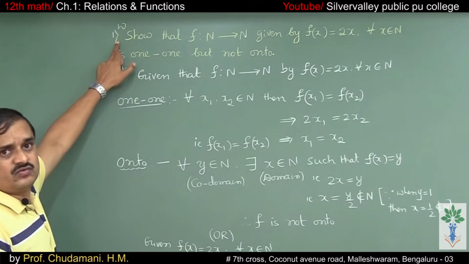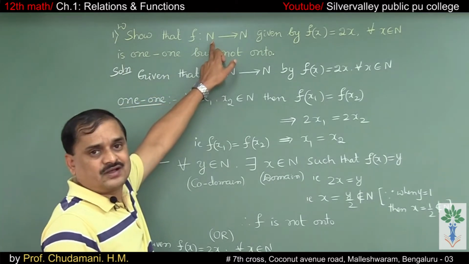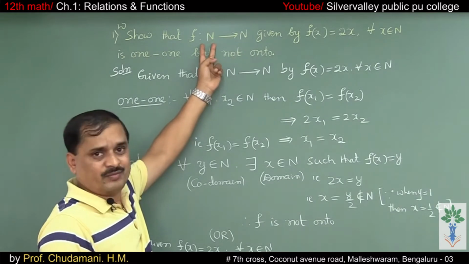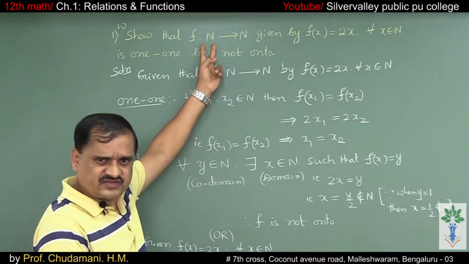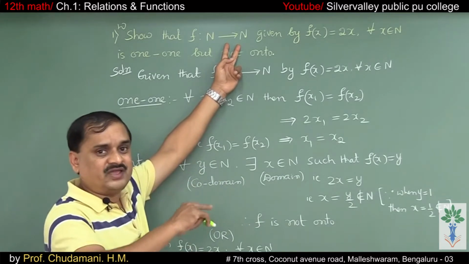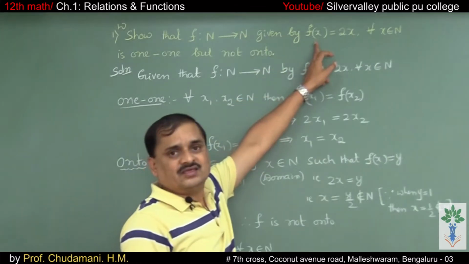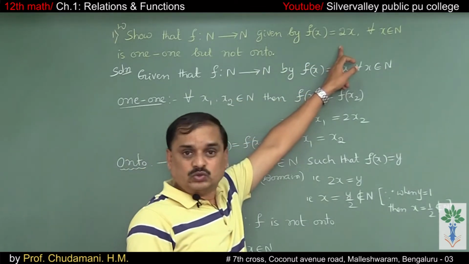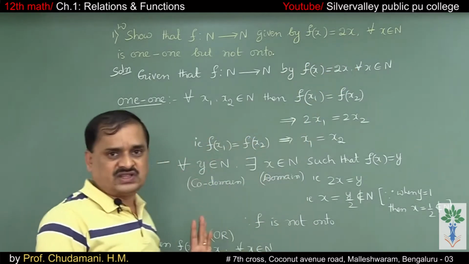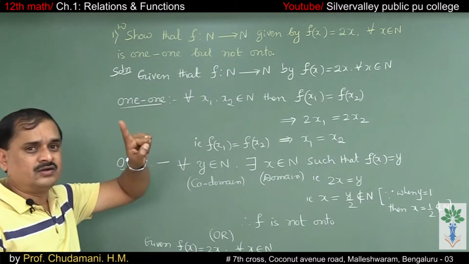The first one, worked example: show that the function from the set of natural numbers to natural numbers, where the domain is natural numbers, set A is natural numbers, set B is also natural numbers, domain and codomain both being one and the same, given by f of x is equal to 2x for all x belonging to naturals, is one-one but not onto.